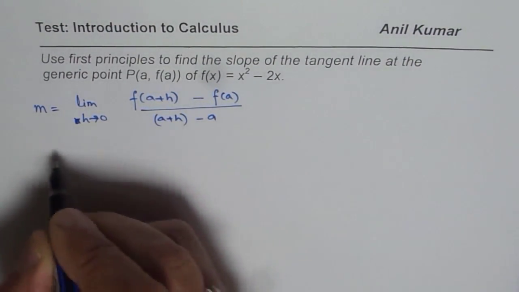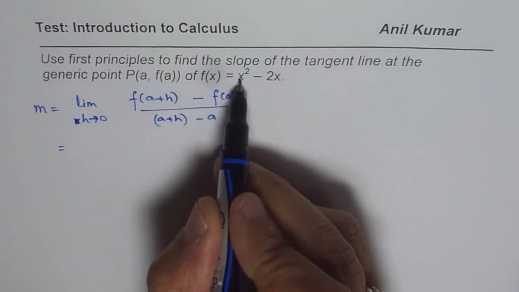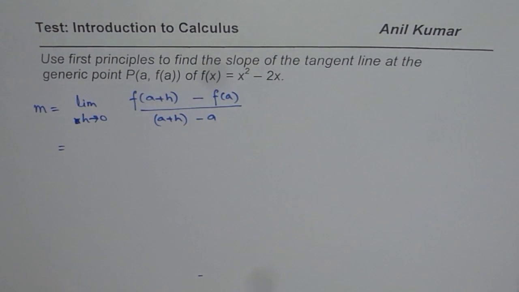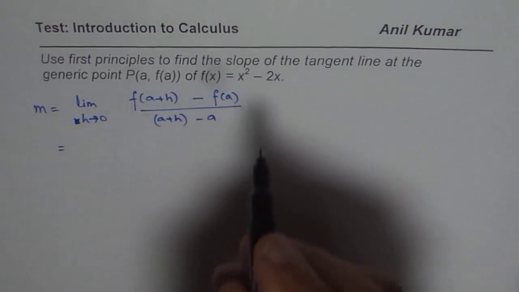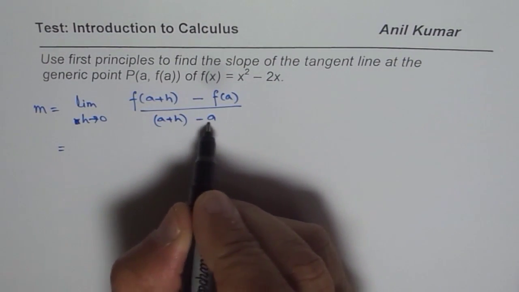Which basically means that you need to substitute a plus h in the formula and find the first term, and then substitute a in the formula to find the second term. Difference of these two is delta y, right?